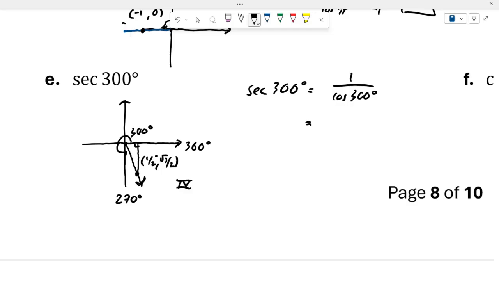So I can think about this in terms of 1 over the cosine of 300. This is where you're going to have to recognize that cosine is x and sine is y. So I took a look at what I just wrote, and the x coordinate at 300 degrees is 1/2. So I've got 1 over 1/2.